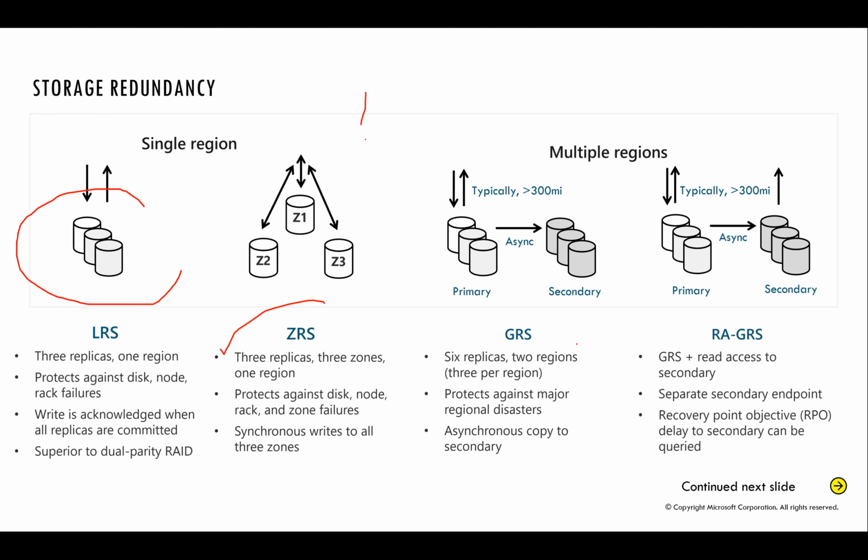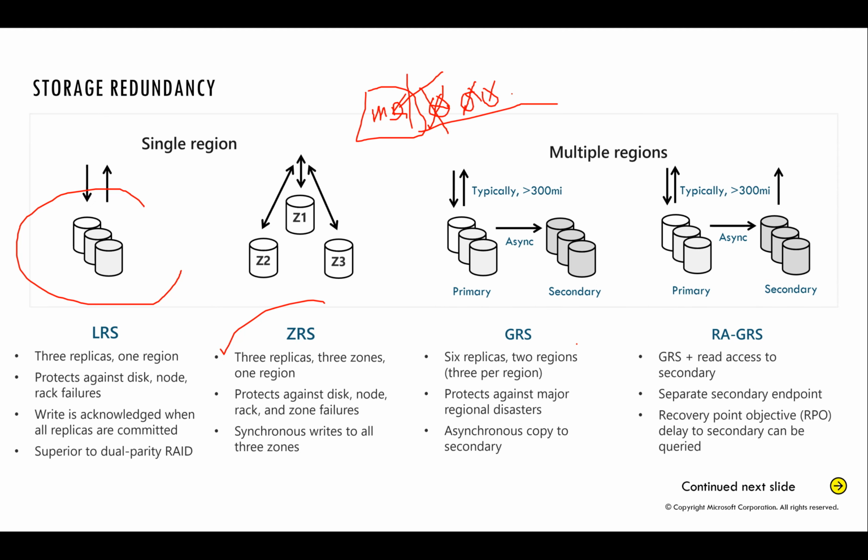So which means if my data center is, let's say, in Lekki and my storage account is there, 3 copies of my data will be maintained on different storage units within the same data center, so that if something goes wrong with one and it goes down, maybe the storage is no more accessible, I am switched to the other one. So I have those 3 copies at every point in time.